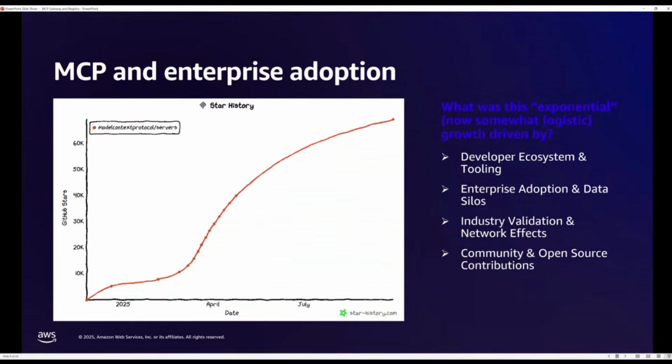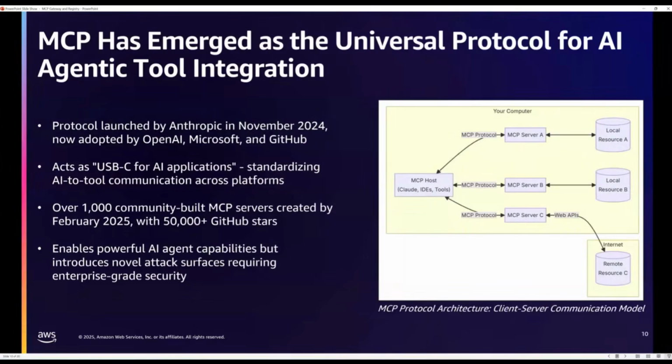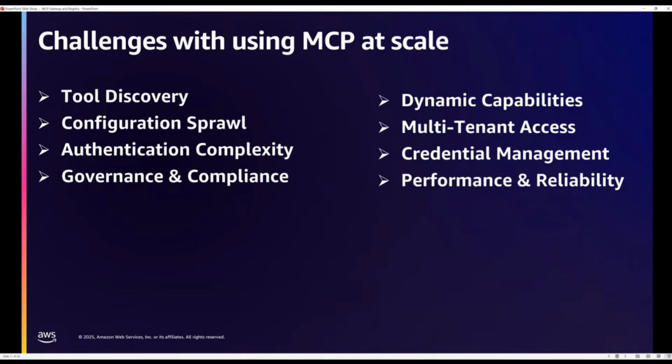So the industry validation and contributions to open source all come into the picture here, which are fueling MCP adoption to emerge as the universal protocol for AI agentic tool integration. We kind of talked about that. And all this is really good, so that's super cool. What are the challenges for adopting MCP at scale within an enterprise, right?